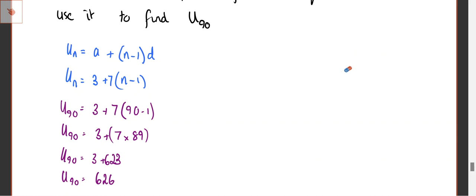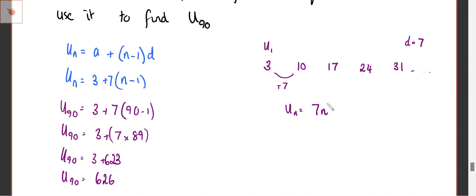I am now going to go through the method that I saw Eden use straight away, which is if U1 is 3 and the common difference is 7, we can then do 3, then 10, then 17, then 24, then 31, and so on. But we don't need that, because we know it's plus 7, it's going to be un equals 7n.